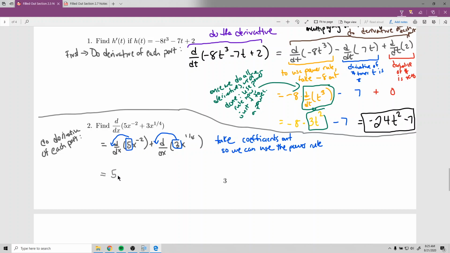Take the 5 out, and then we do have the derivative of what's left inside, x to the -2 plus 3 times the derivative of x to the 1/4.